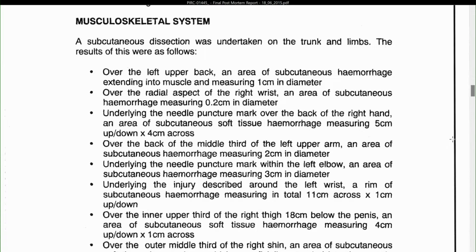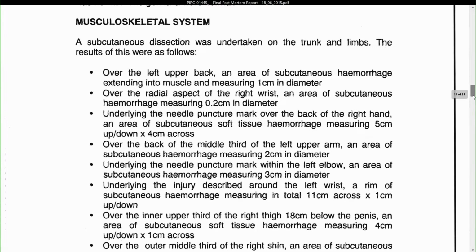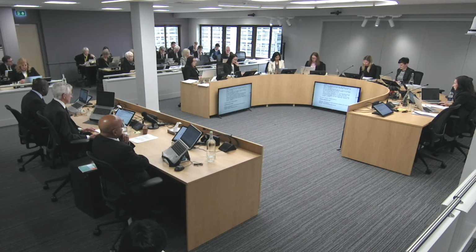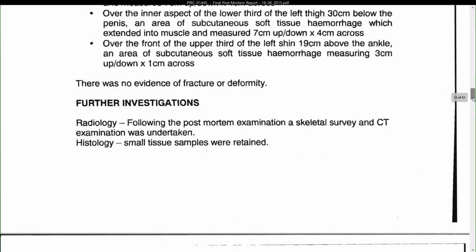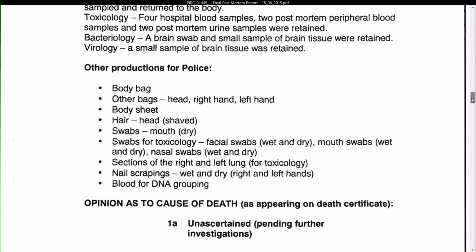And then at the bottom of page 10, we see further investigations, and again here, radiology. Following the post-mortem examination, a skeletal survey and CT examination was undertaken. And then on to page 11, you continue to repeat your original views on the cause of death.